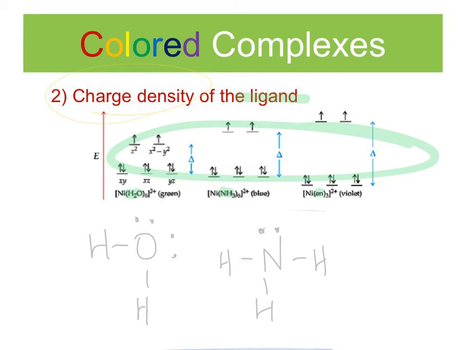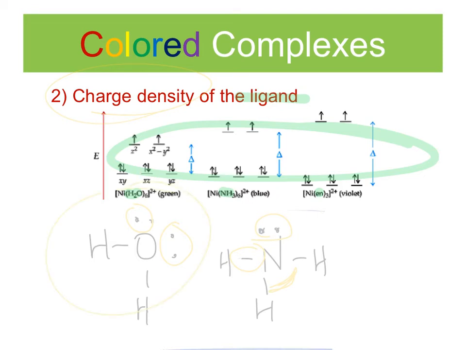So the most repulsion between any electron pairs would be felt between the non-bonded pairs on the water. Second to that would be the repulsion between a non-bonded pair and a bonded pair. And then last but not least would be between two bonded pairs, like between two of the hydrogens on either atom. So we get the most repulsion over here on the water.